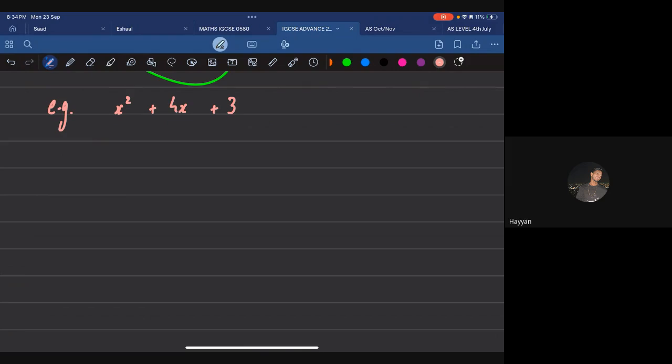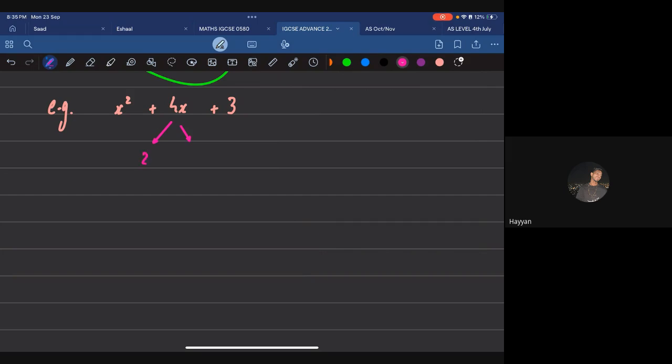Now, obviously, I need to factorize this, and I need to do so in a way that involves middle term breaking. So I'm going to break this down into two such numbers. If they are added or subtracted, they can make 4x again. But if the constants of these are multiplied, they make 3.